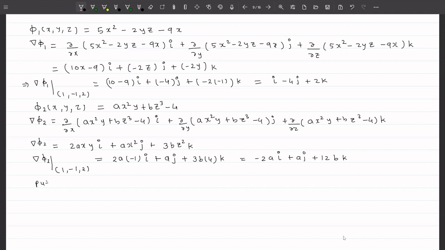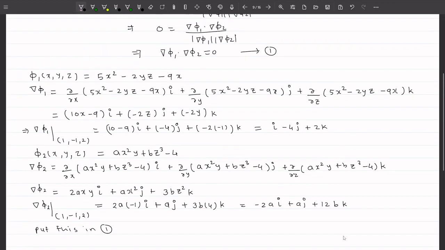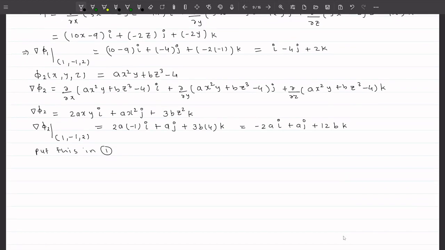So put this in equation number 1. So what is equation number 1 here? Gradient of phi 1 dot gradient of phi 2 is equal to 0. So (i − 4j + 2k) dot product with (−2a i + a j + 12b k) is equal to 0. So dot product we have to take.